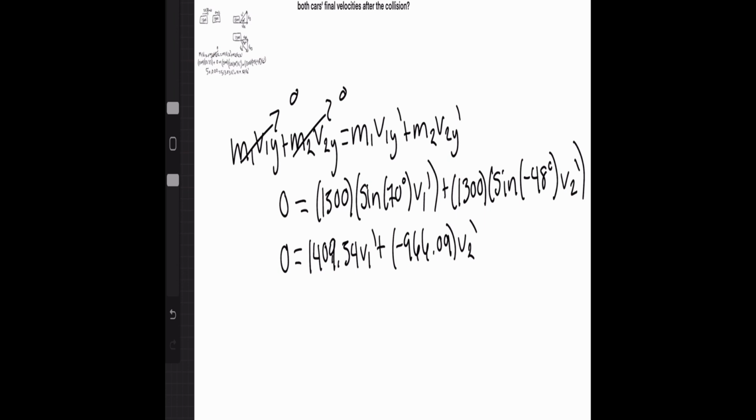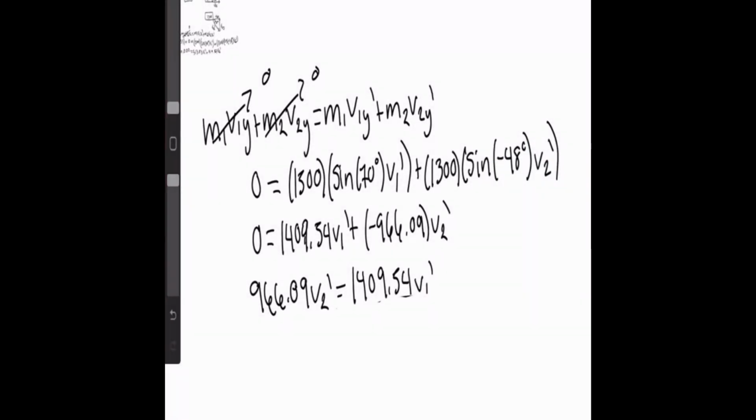So now we're going to move the negative 966.09 over to the other side. We are now going to isolate V1 prime. To do that, we just divide both sides.